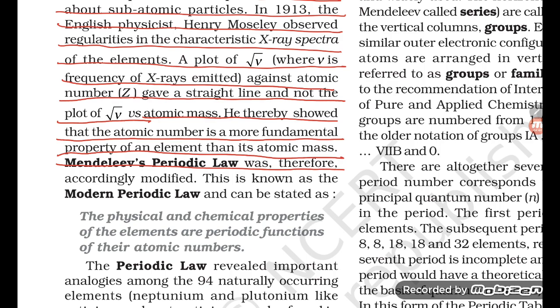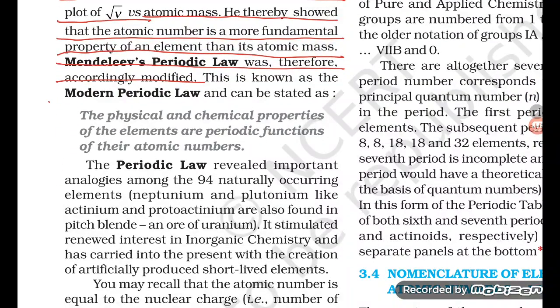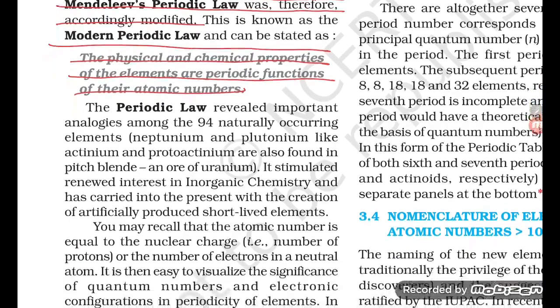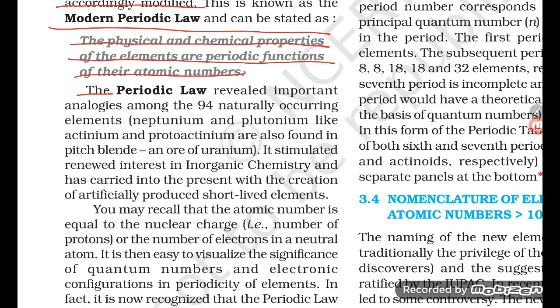He theoretically showed that the atomic number is a more fundamental property of an element than its atomic mass. Mendeleev's periodic law was therefore modified, and this is known as the modern periodic law: physical and chemical properties of elements are periodic functions of their atomic number. The periodic law revealed important analogies among the 94 naturally occurring elements.